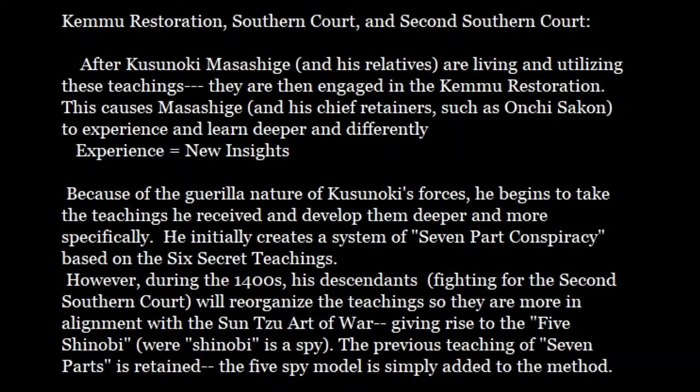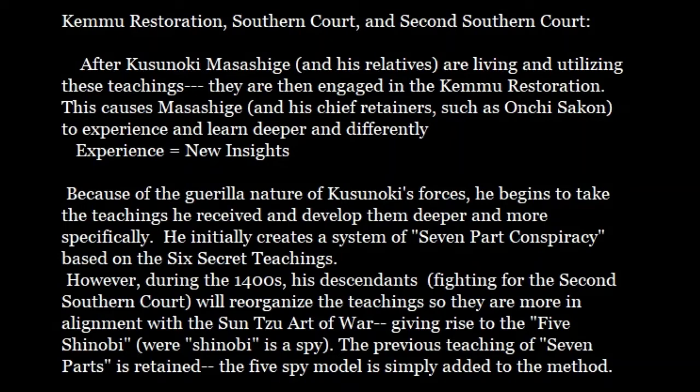And of course you have to take into account the Kenmu Restoration, the Southern Court, and the Second Southern Court. After Kusunoki Masashige and his relatives are living and utilizing these teachings, they have the traditions that Kusunoki Masashige and his brothers and cousins, uncles, etc., have, the Genji traditions, the Jingunden traditions.